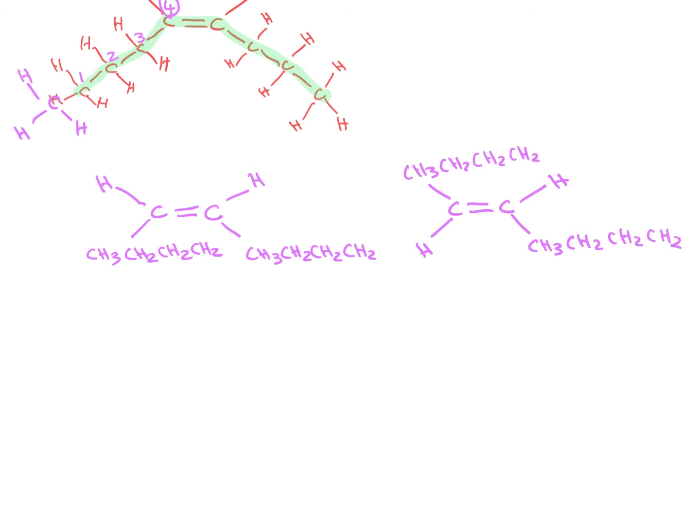Okay, how can I write the name of this compound? Say 1, 2, 3, 4, 5, 6, 7, 8, 9, 10 is decene, 1, 2, 3, 4, 5, on carbon number 5, right? 5-decene.